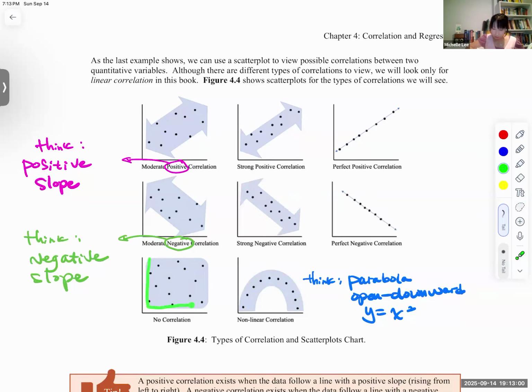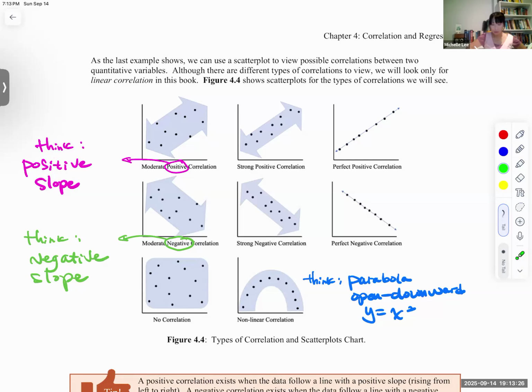This one, we say no correlation there. So we are talking about correlation between two variables, right? Linearly this one, linearly this one, linearly this one, negative, positive, right?